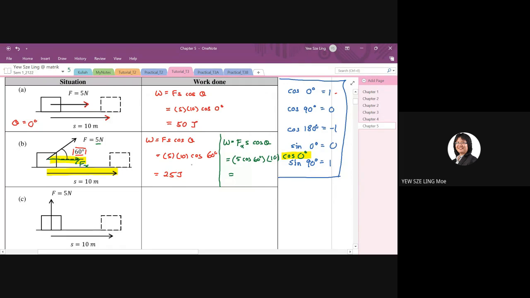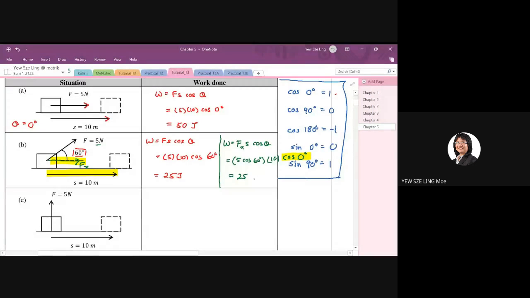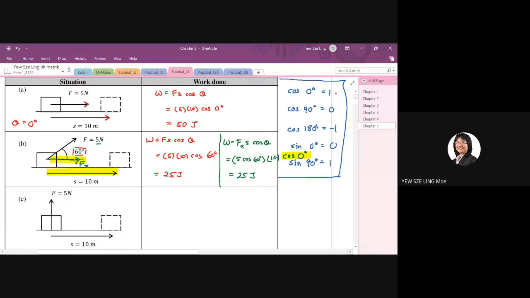If same direction, it ends up as 1, a positive value. If opposite direction, it ends up as -1, a negative value. We calculate it, and eventually you get 25 joule as well. So for the method in green, you have two cos just because they resolve the force first. They want to make sure the force is lying on the same axis as your displacement.